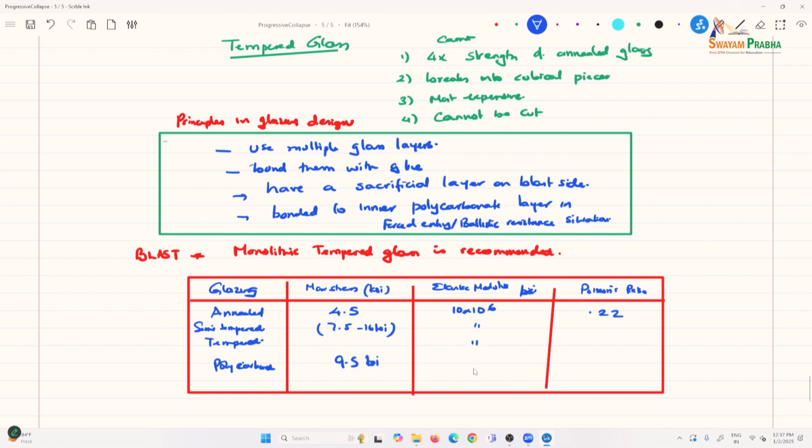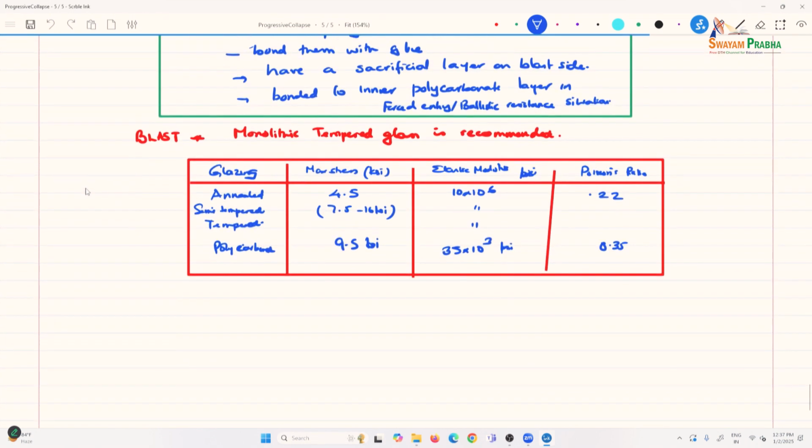These all have a similar elastic modulus. Polycarbonate is 35, it is lower.